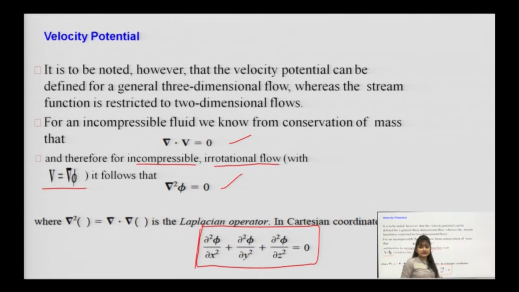Second, if phi or the velocity potential function exists, then the flow should be irrotational, and there we can check the irrotationality of the fluid flow.